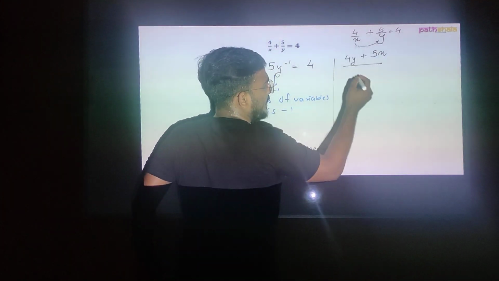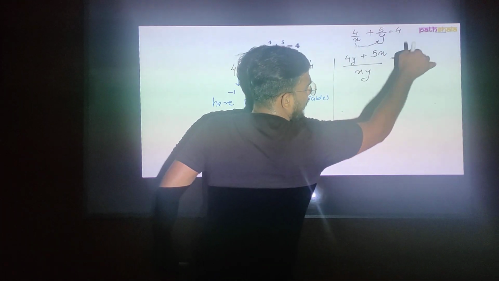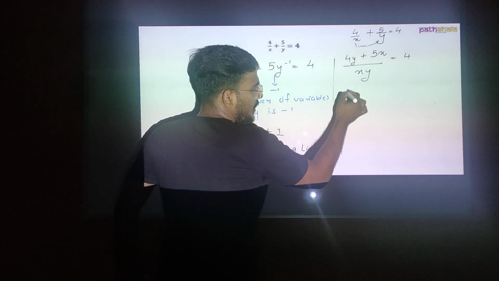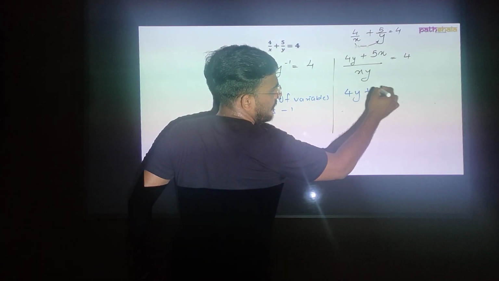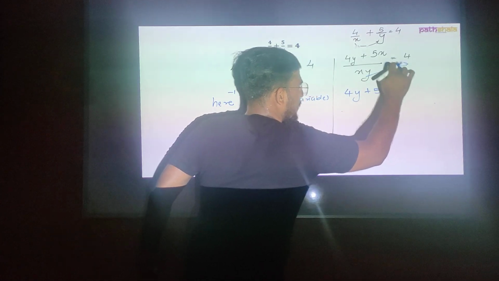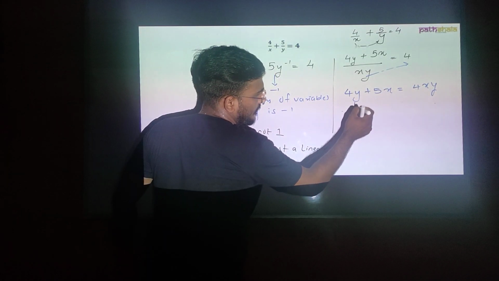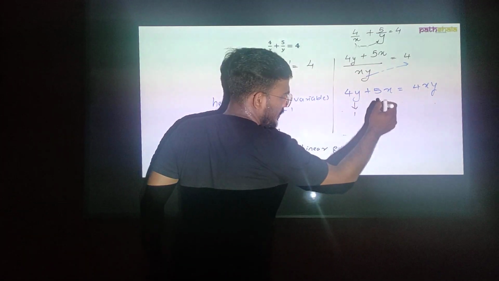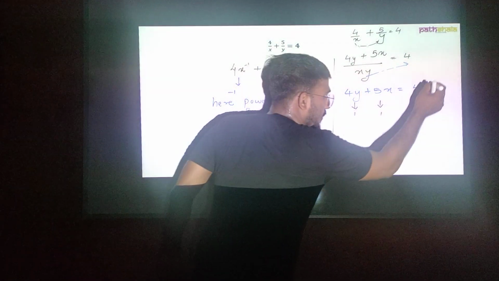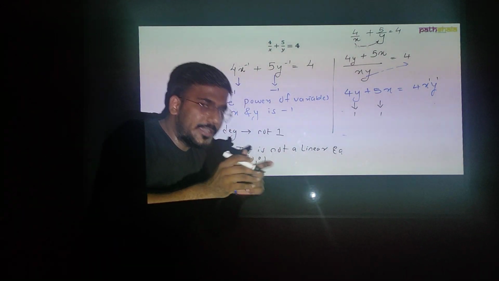And in the denominator we get x into y, xy, upon 4. So we got 4y plus 5x. Let's shift this to the right side. We get 4xy. So what is the power of y over here? We have 1. The power of x, 1. Now here x and y we have a combined term.